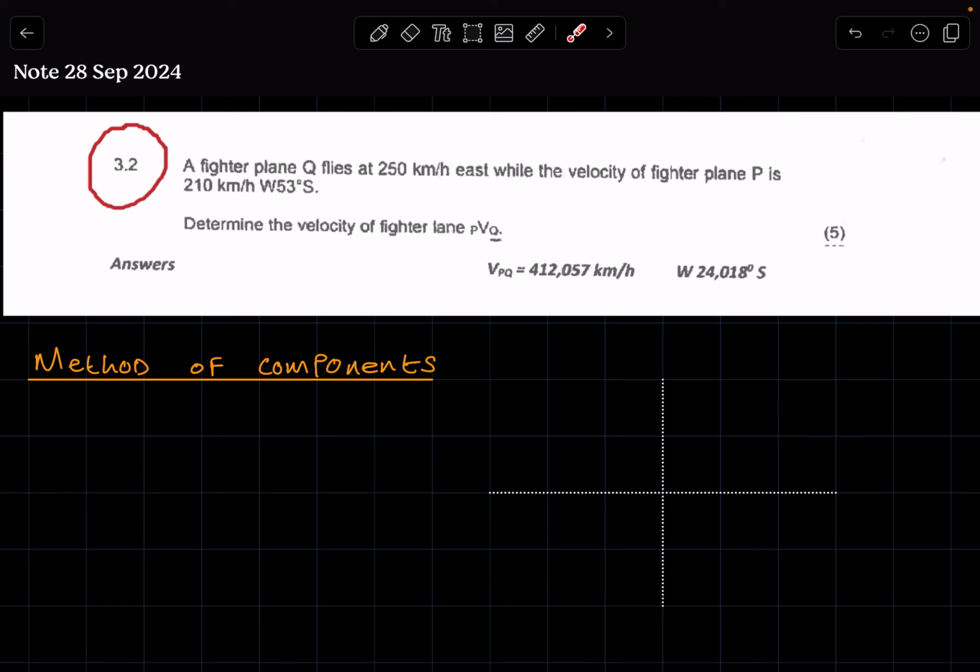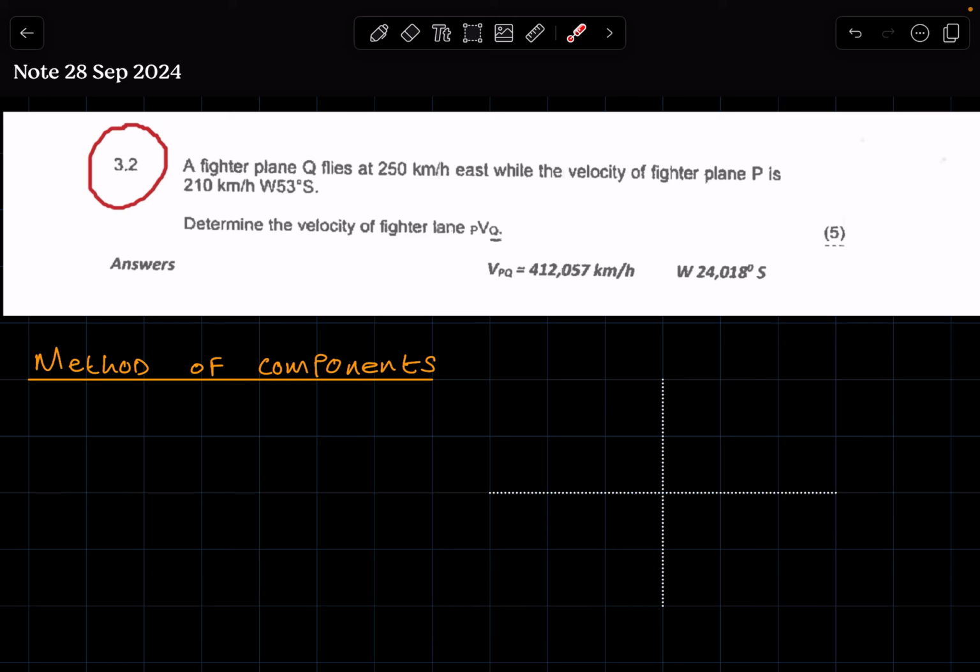In the video that follows after this one in the playlist, I'll be solving the same problem using the parallelogram method, because in engineering science, kinematics, it is important when solving problems based on relative velocity and resulting velocity that you are familiar with both methods: the method of components as well as the parallelogram method, or vector diagram method.